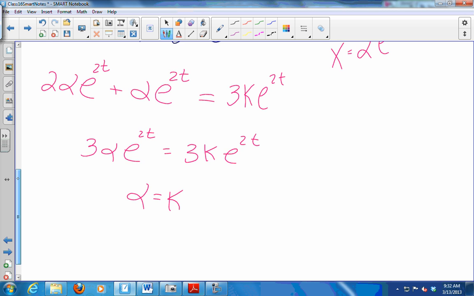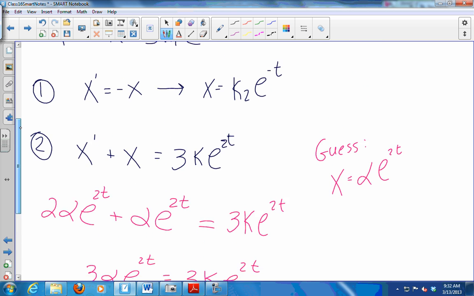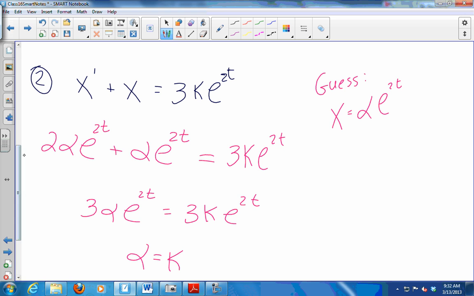And I stopped writing the subscript in my k's. K1, yep. This is an easy thing to forget. So alpha has to be k1, which means that my actual particular solution is going to be x equals k1 e to the 2t.